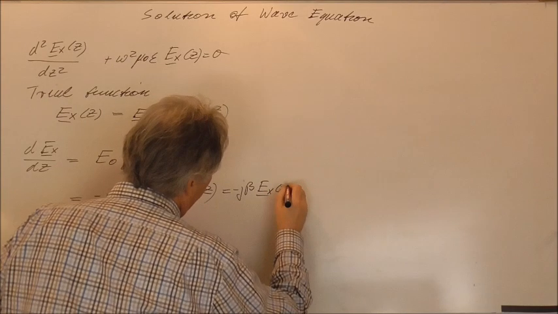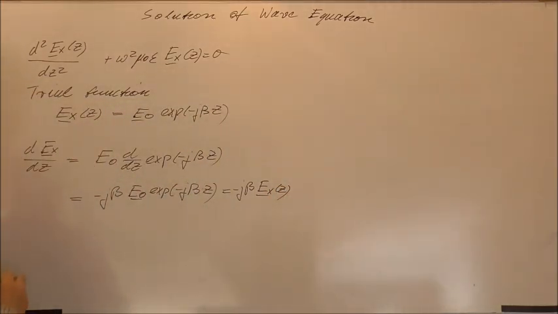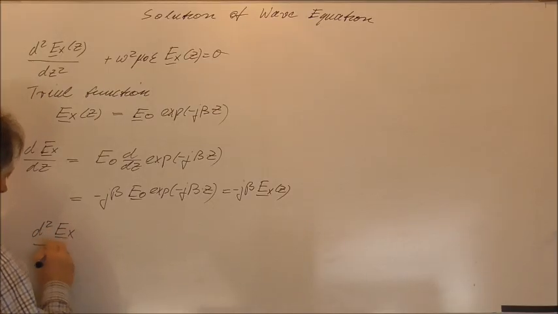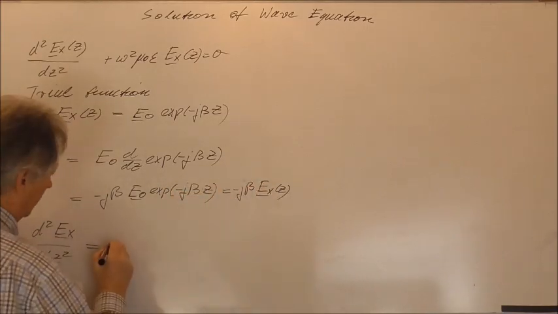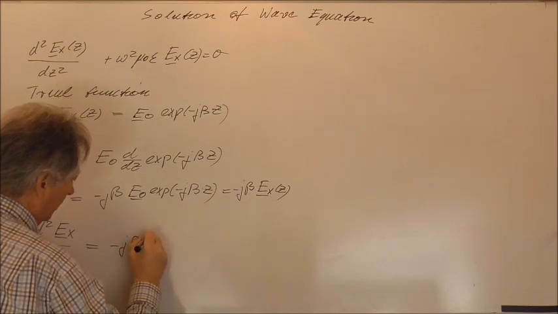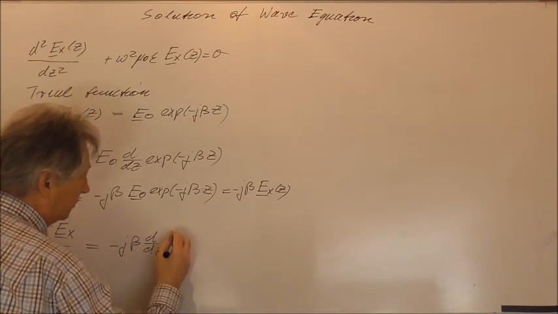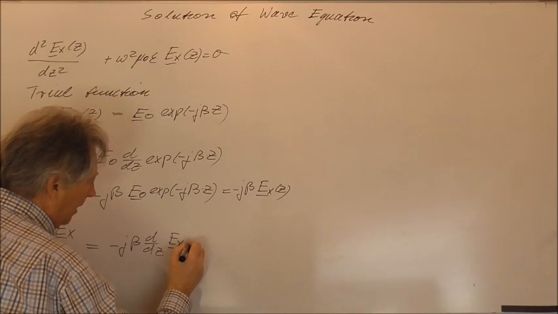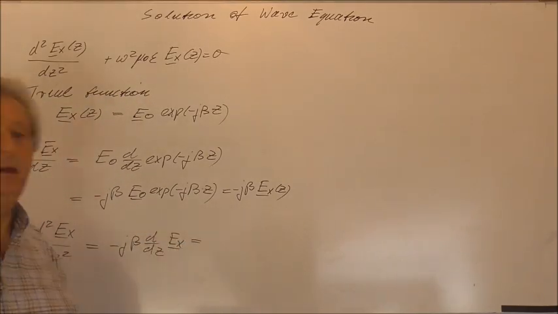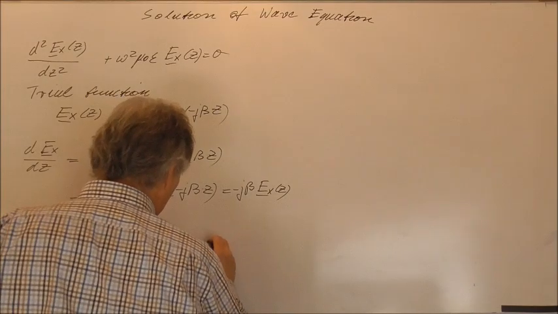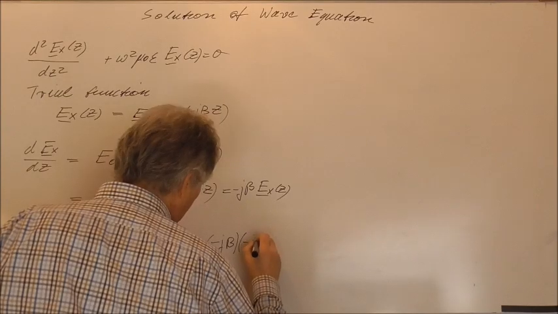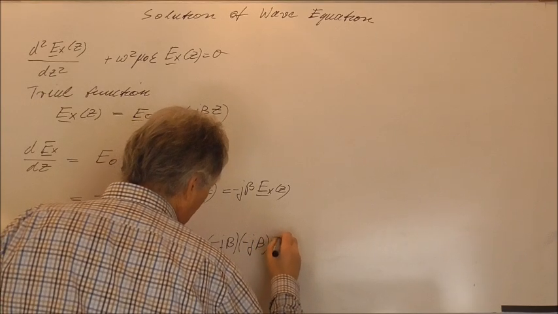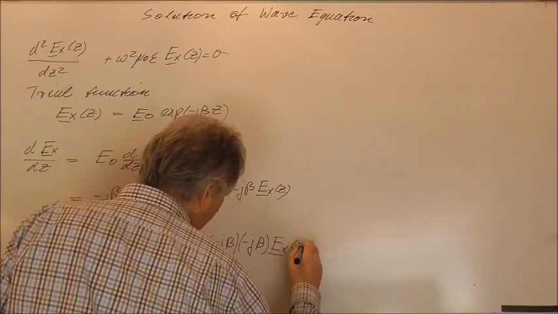Ex of z. And of course if we do a second derivation of this function with respect to z square, then this is the first derivation, and we will have then minus j beta, derivation of the function again with respect to z, and we know this goes over into a multiplication with minus j beta, so we have here minus j beta times minus j beta times Ex of z.